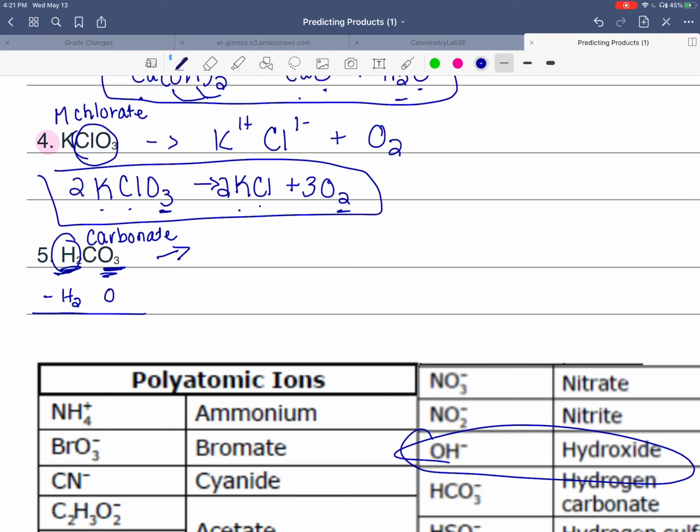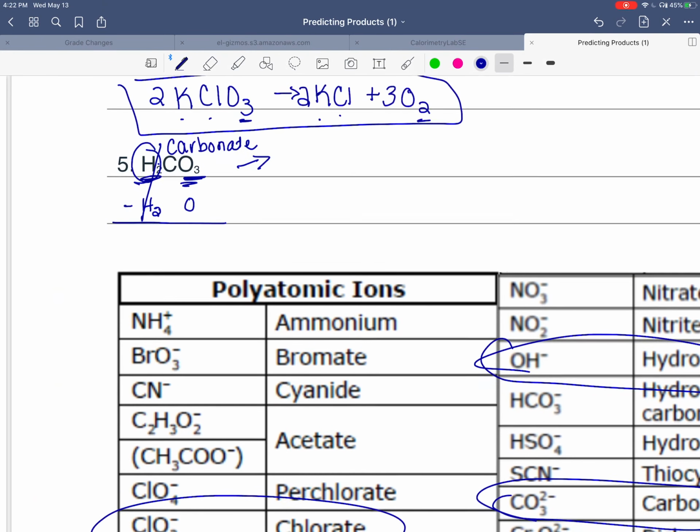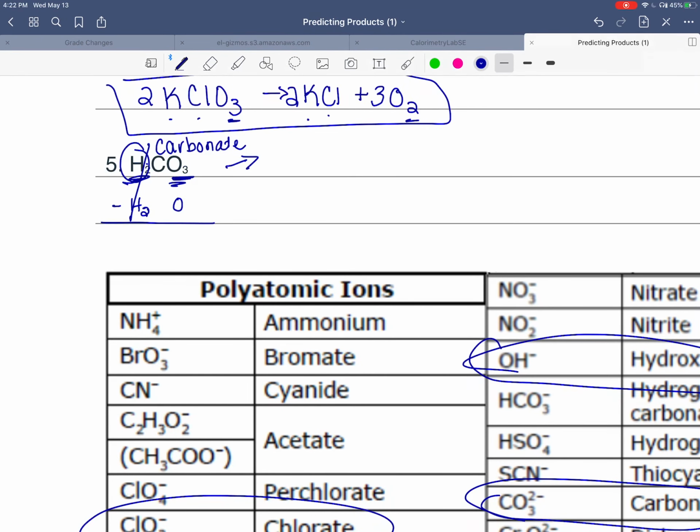So it has H2 minus H2, they cancel out. So in the nonmetal oxide, we know that there's not going to be any hydrogen. There's no carbon in H2O, so carbon's going to stick around. O3 minus one oxygen is O2. So that means that our nonmetal oxide is CO2 and then plus water.